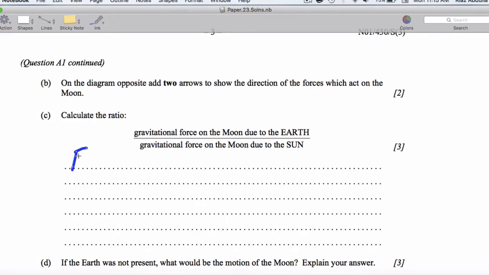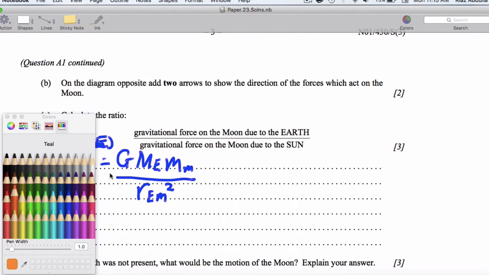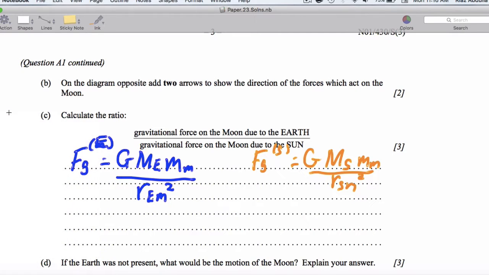The force of gravity on the moon from the Earth is going to be G, mass of the Earth, mass of the moon, over the radius from the Earth to the moon squared. The sun gravity equation is going to be G, mass of the sun, mass of the moon, over the radius from the sun to the moon squared.